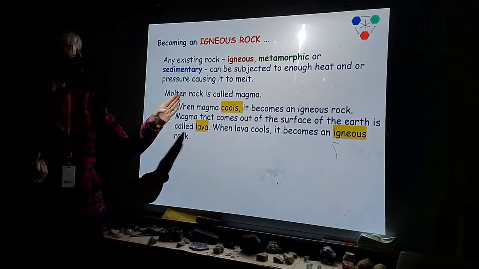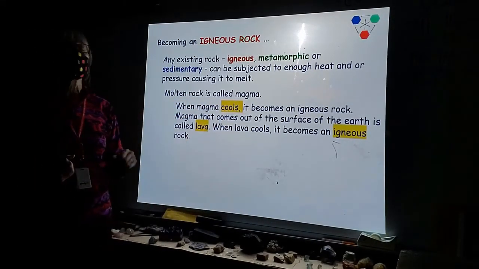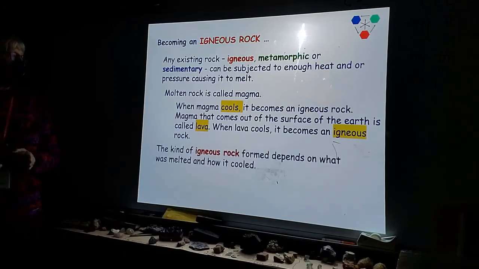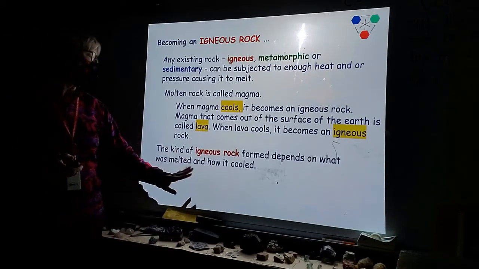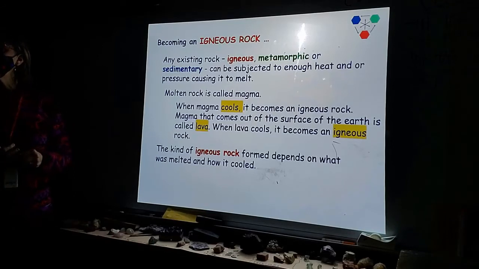Magma that comes out of the surface of the earth is called lava. You write that. And when lava cools, it becomes an igneous rock. We've had this already. It's nothing new, but it's just sort of bringing it back home again. And the kind of igneous rock formed depends on what was melted and how it's cooled. You'll learn more about this in college.